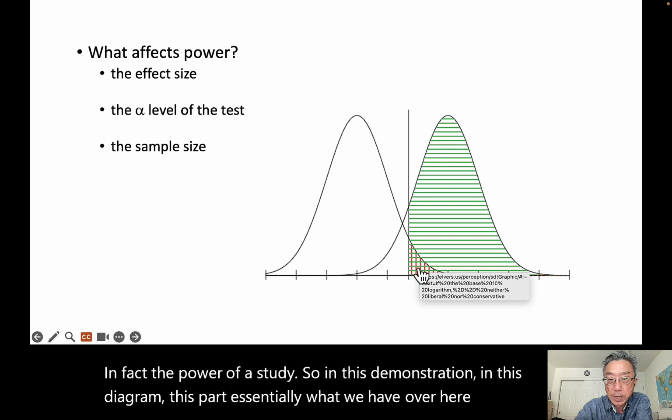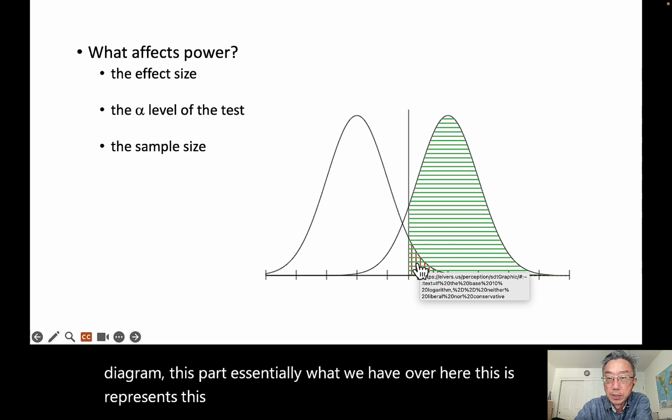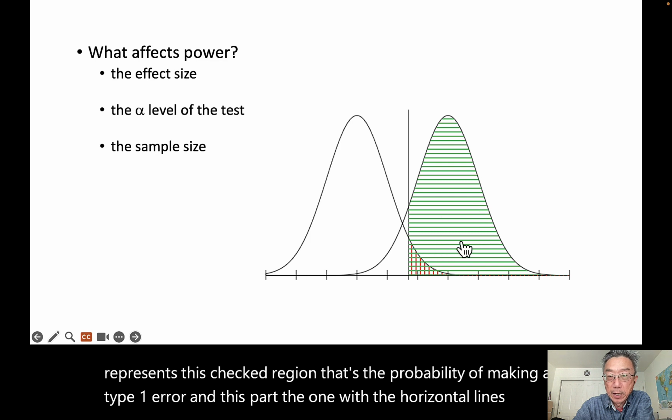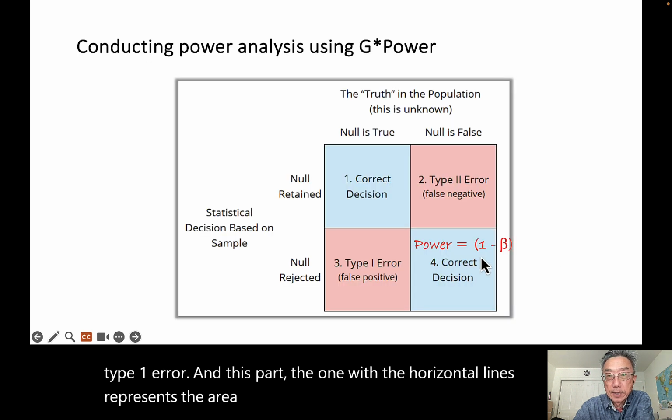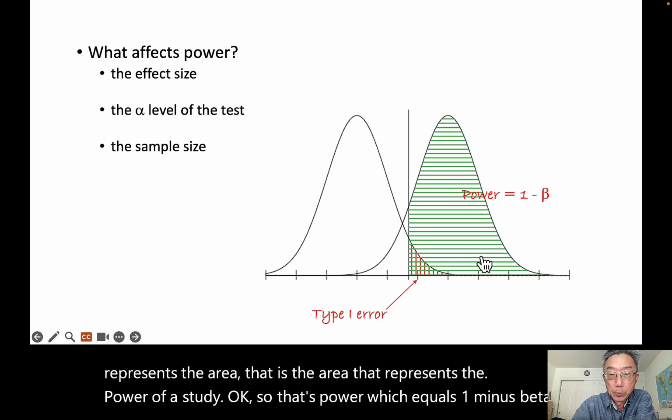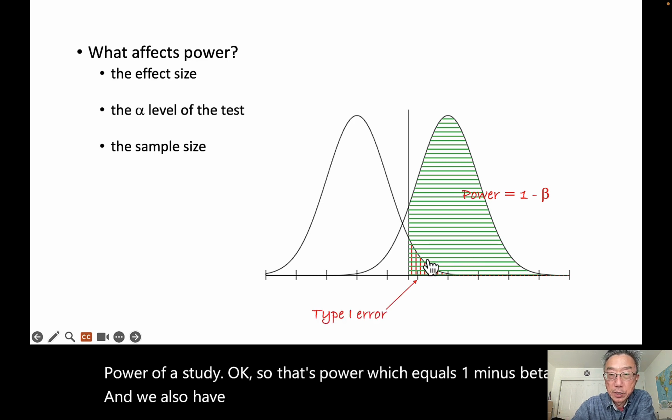This checked region represents the probability of making a type 1 error. And this part, the one with the horizontal lines, represents the area that represents the power of a study. Okay, so that's power, which equals 1 minus beta. And we also have type 1 error. So this part is type 1 error.